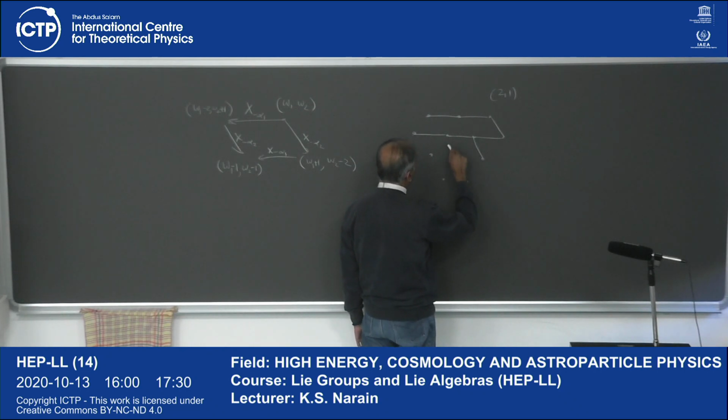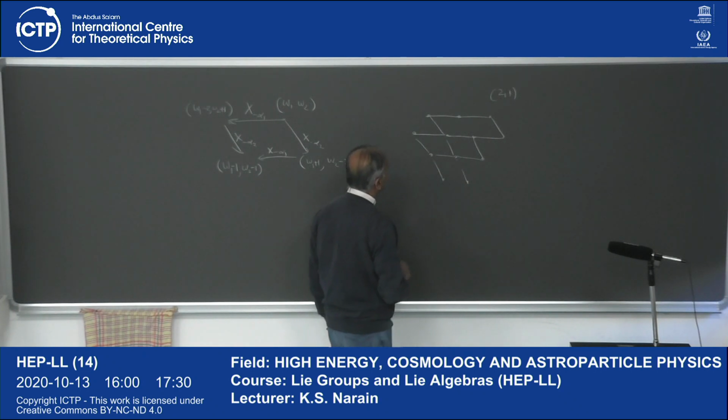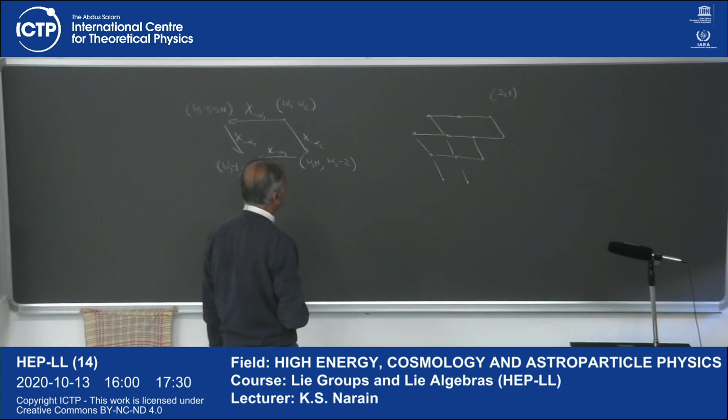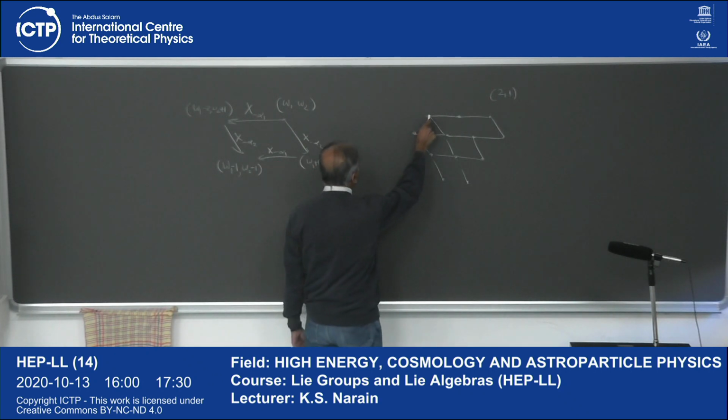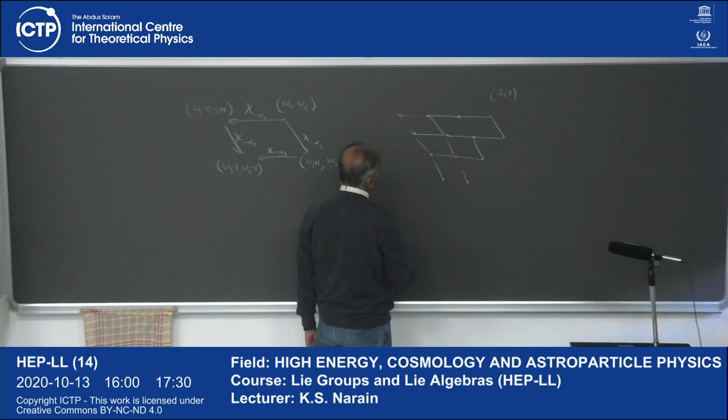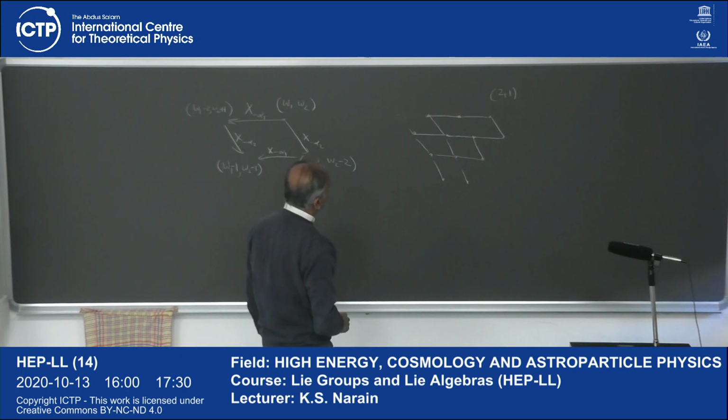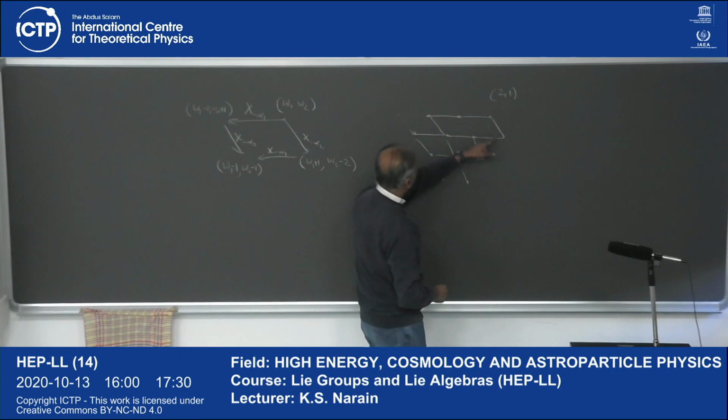Here it was going like this, here it was going like that. Oh, sorry, there's one more point here. No, sorry, there's no point here. So this is 4, so 1, 2, 3, 4, 5, 6, 7, 8, 9, and there is multiplicity 2 here.